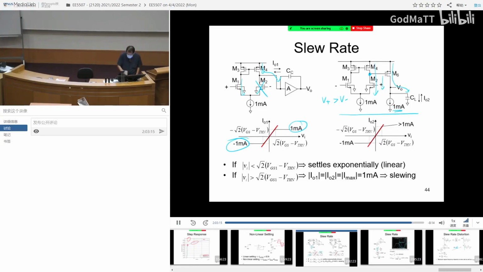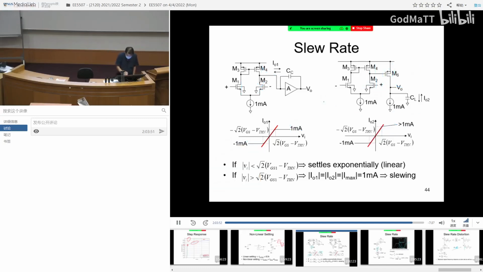If it exceeds 1 milliampere, you are going to charge up the CL. So you are going to have 1 milliampere, but you see that the slope is not exactly constant. The reason is simple: the voltage keeps going down, so my current will keep increasing. So it will not be exactly flat. It's not constant; you are still increasing slightly according to the voltage. But it's still nonlinear nevertheless.